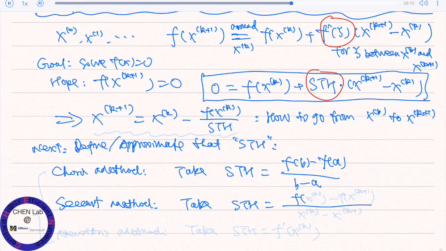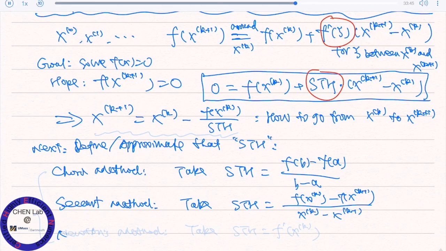Not only do we have xk, we also have xk minus 1. So if I use fxk minus fxk minus 1, then I should divide by xk minus xk minus 1. Always in terms of a slope. A derivative is like a slope.